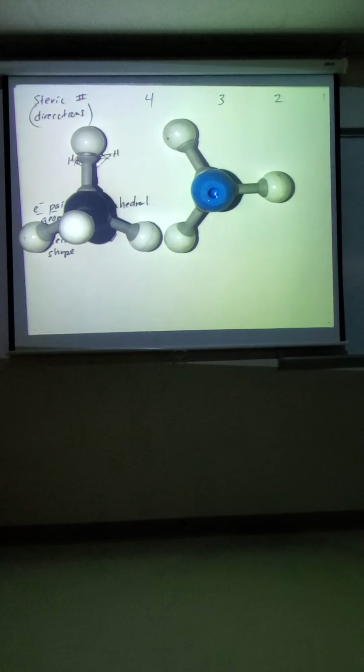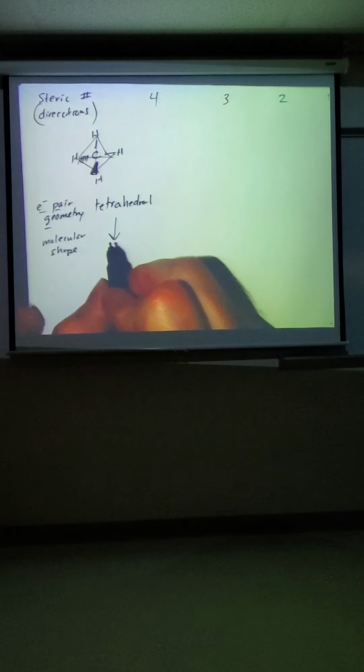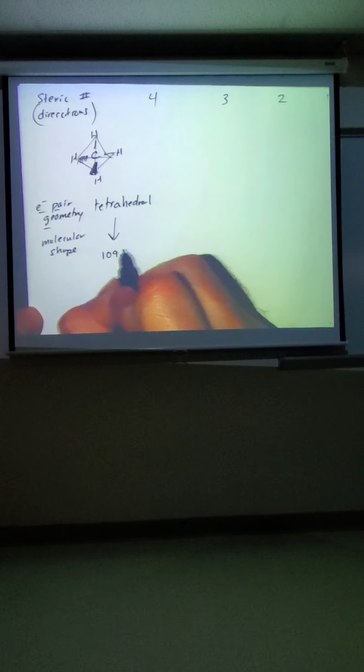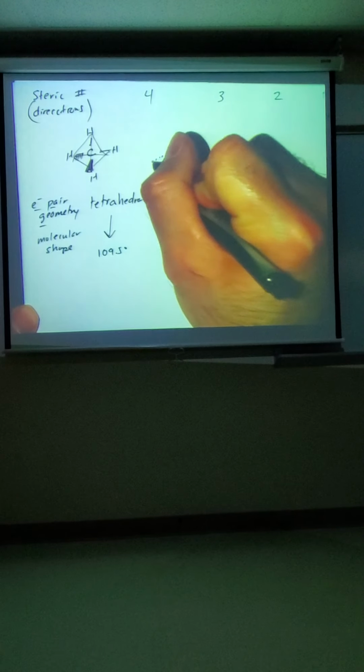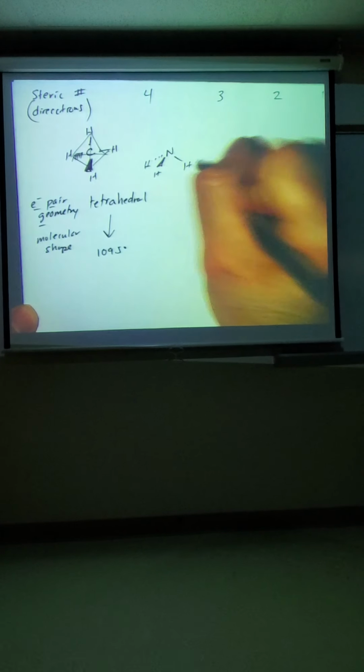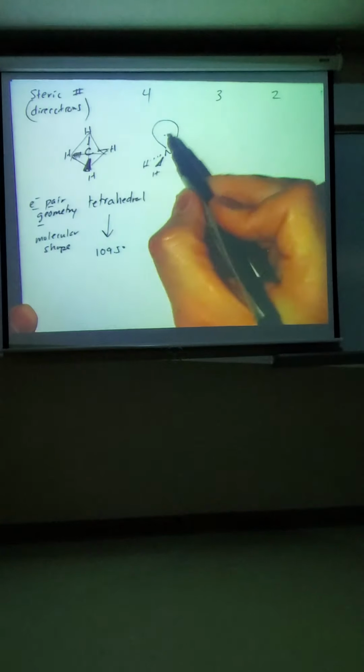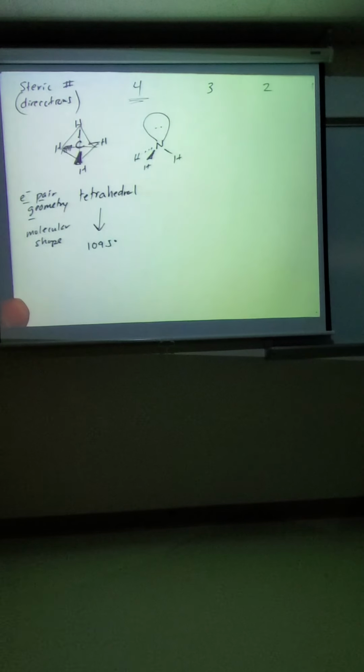It still looks basically the same, but because this lone pair up top is much bigger, it's going to make these atoms here squish down a little bit closer together. So whereas tetrahedral was a 109.5 degree angle, ammonia is basically the same kind of structure, just with this gigantic lone pair. So here's the 1, 2, 3, 4. Here's the 1, 2, 3, 4 that gives it that steric number 4.